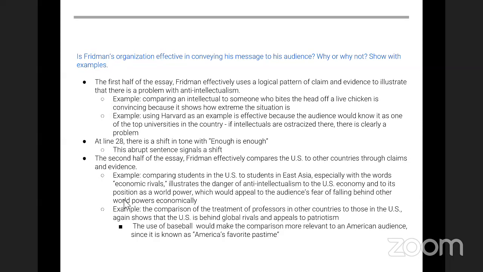And I think this would be effective in appealing to the audience's fear of falling behind other world powers economically. And then the second example, the comparison of the treatment of professors in other countries to those in the US, again shows that the US is behind global rivals. And that would appeal to patriotism as well.